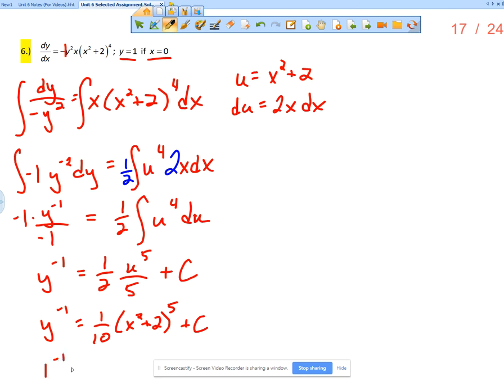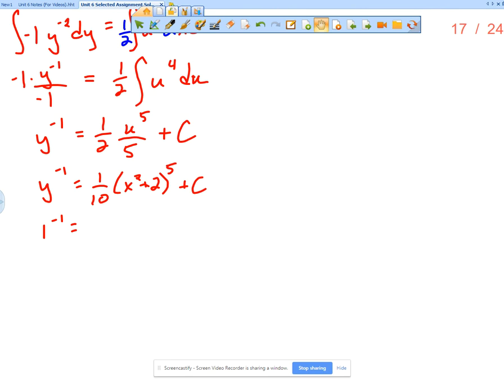So 1 to the negative first equals, and then I want to plug 0 in for x. So I get 1/10 times 0 squared plus 2 to the fifth plus c. So 1 to the negative first, that's just 1. 1/10 of 0 plus 2 to the fifth. 2 to the fifth is 32 plus c.